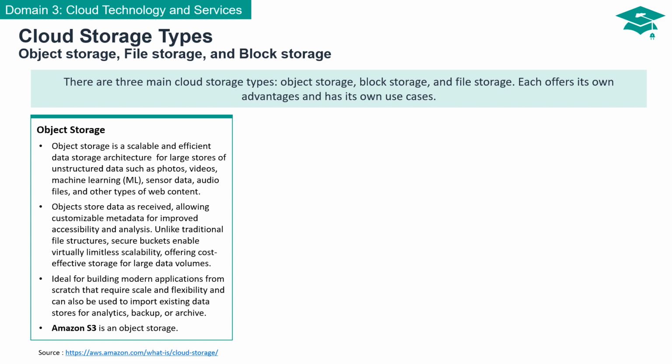Secure buckets provide virtually limitless scalability, making it a cost-effective solution for large data volumes. Ideal for building applications that demand scale and flexibility. Also great for importing existing data stores for analytics, backup, or archive purposes. Amazon S3 is an object storage solution that epitomizes scalability, security, and efficiency.